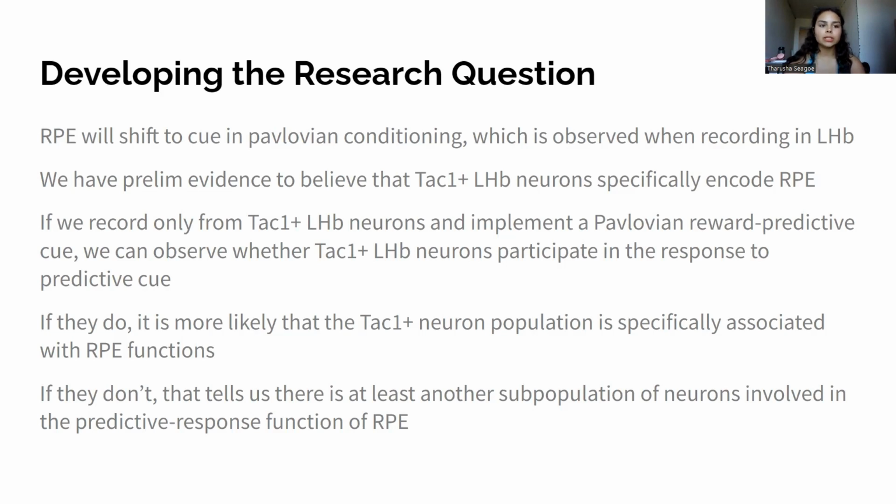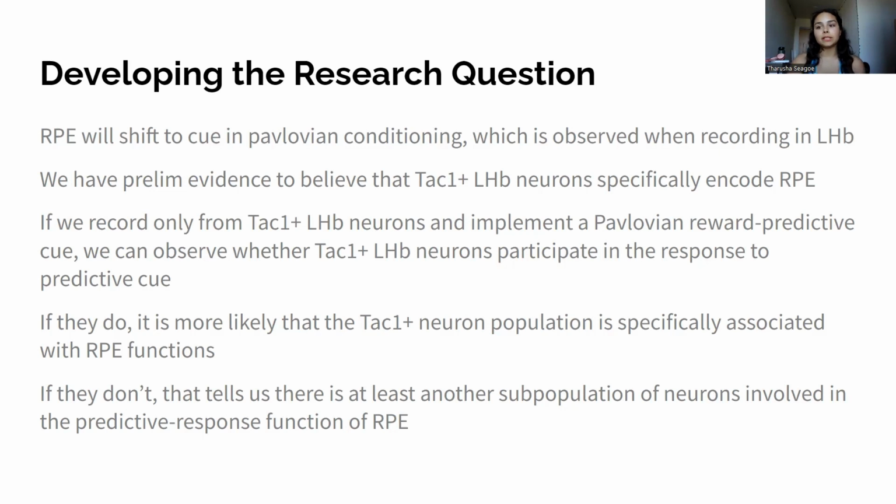So RPE, it's a well-accepted phenomenon that if you have a predictive cue and then your reward outcome, then the reward prediction error response will shift from the time of the outcome to the time of the predictive cue, because that's essentially when the information of what's going to happen is updating. And so that's been observed in the lateral habenula before.